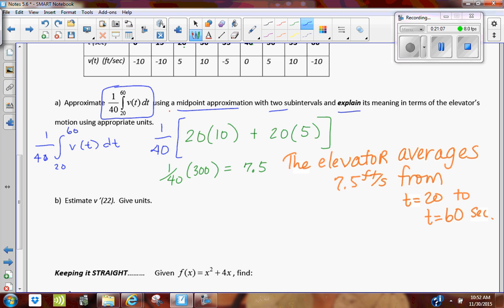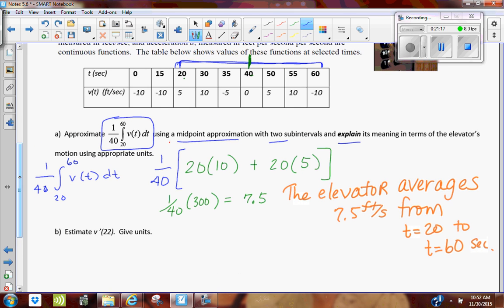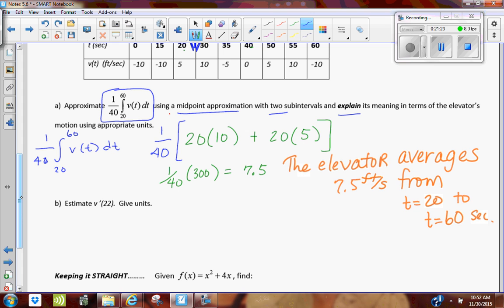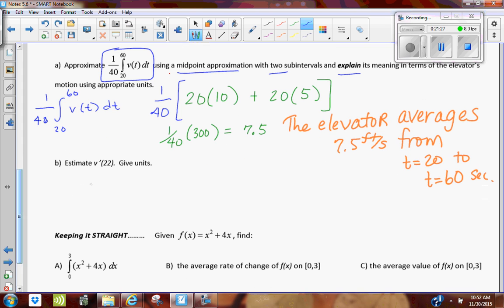Yep. All right. How would you estimate v prime of 22? V prime at 22 falls where? Right in here? Okay, so what two numbers should you use? 20 and 30?